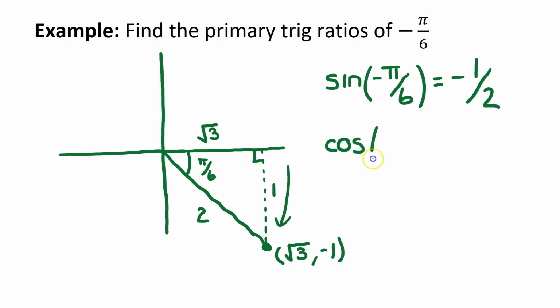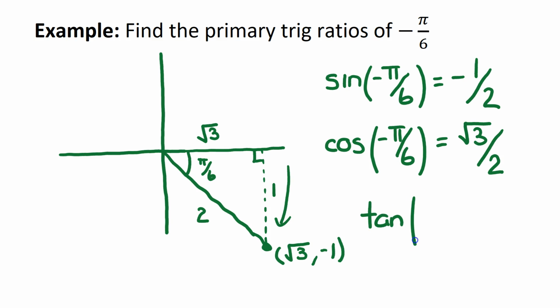Cos of negative pi over 6 is going to equal the adjacent, which is root 3, all over 2. And tan of negative pi over 6 is going to be equal to the opposite, which is negative 1, all over the adjacent, which is root 3. And that's all there is to it.